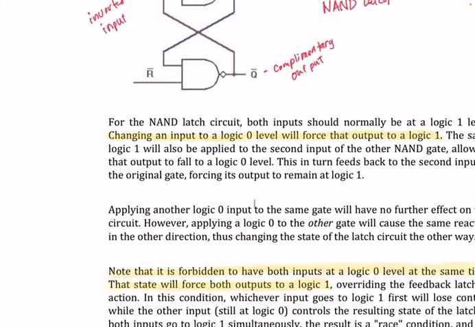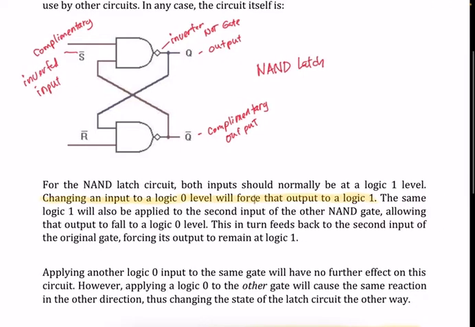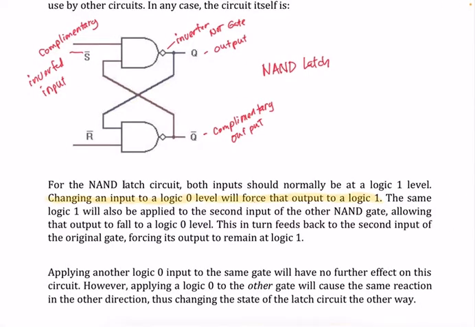So anong meron sa NAND latch? For the NAND latch circuit, both inputs should normally be at a logic 1 level. Changing an input to 0 level will force that output to a logic 1. Okay? So kung ito daw ay magiging 0 pareho natin ipapasok, ito daw ay ma-force na magiging 1, no? Kasi meron siyang inverter dun sa dulo.